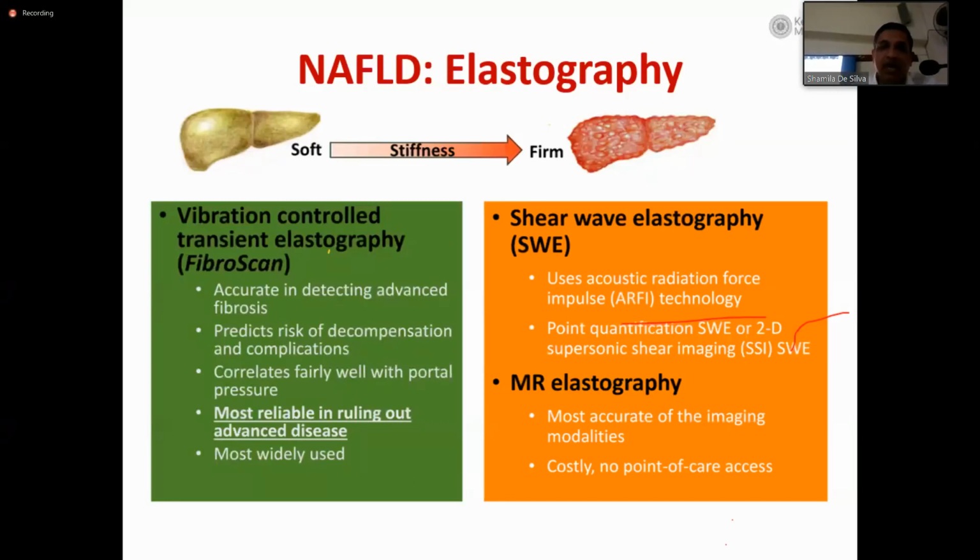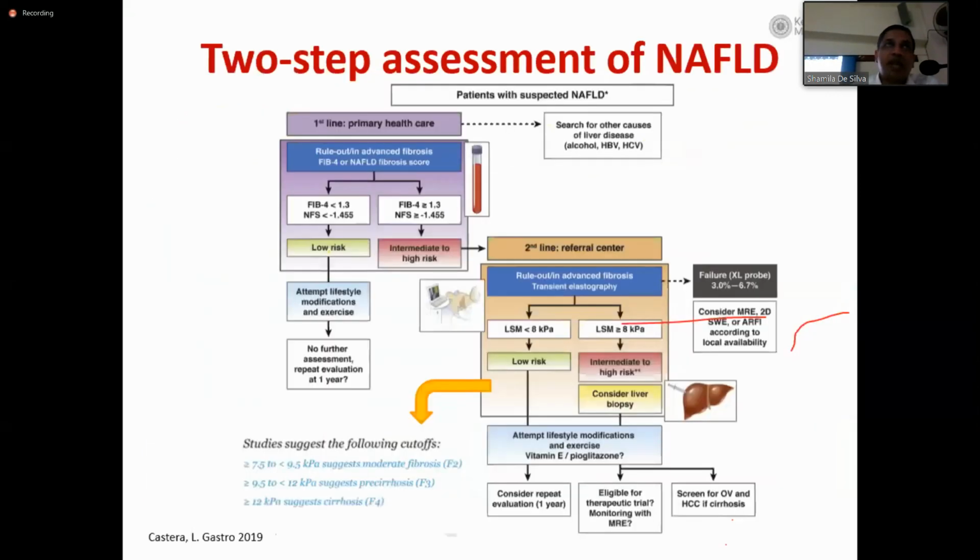We commonly use this. If we apply this assessment followed by image-based assessment, we get a two-step assessment of the liver. The patient is suspected to have NAFLD. In the primary healthcare setting, we will either do the FIB4 or NFS. If they are low, they don't have significant fibrosis, and they can be managed at the GP level.